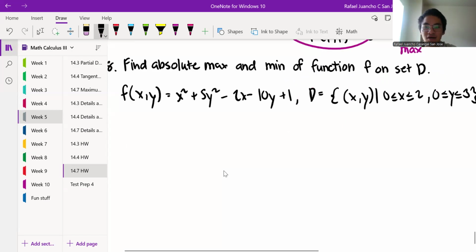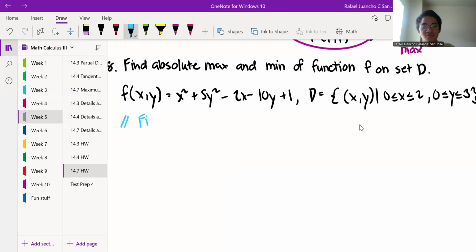Okay, so how do we go about such a problem again? First, we find critical points. That's the first step. And so we get their partials.